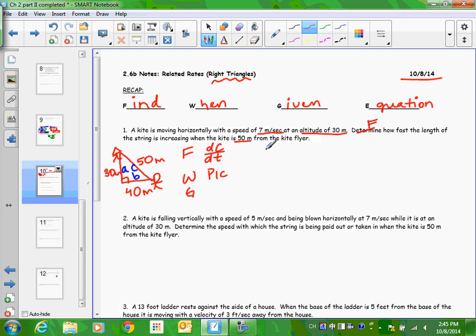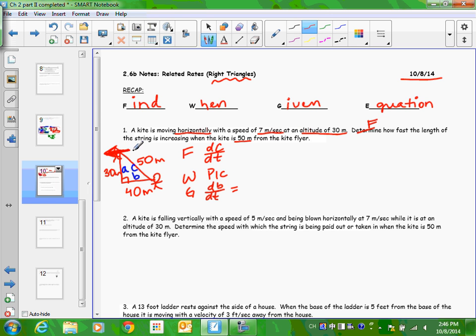Now we did this yesterday, but let me reinforce this. Look at the units. See how the units are per? That is a derivative. Now you're just trying to figure out, well, which derivative? If a kite is moving horizontally, is that A or B? It's B. Horizontally would be dB over dt, right? Now, we're going to assume that the kite is moving away.